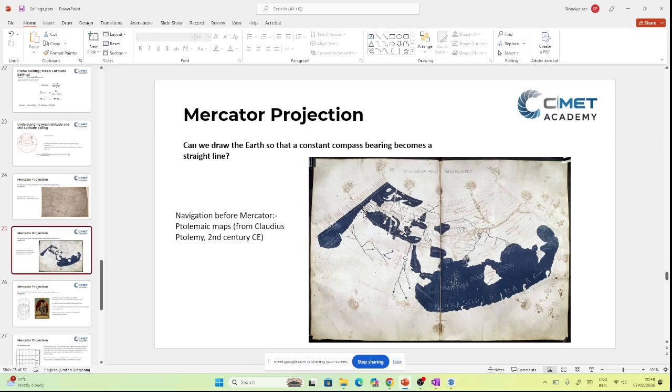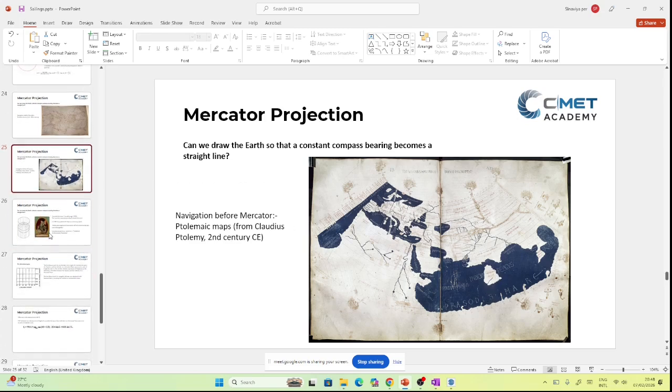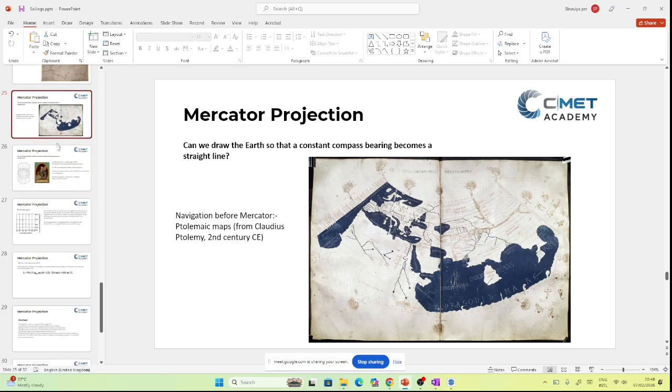You can even see Gibraltar, right? So this was 1,800 years old, and we were on that map. Unfortunately, nowadays you know where we are, which I don't want to discuss in this forum. Right, let's go to the next.